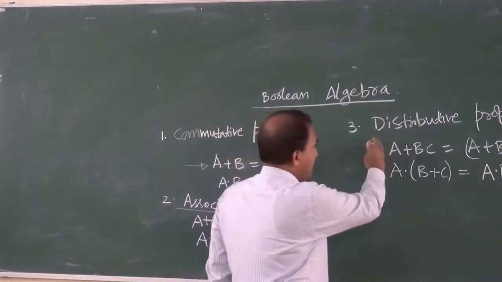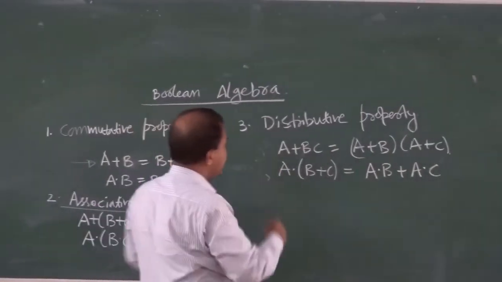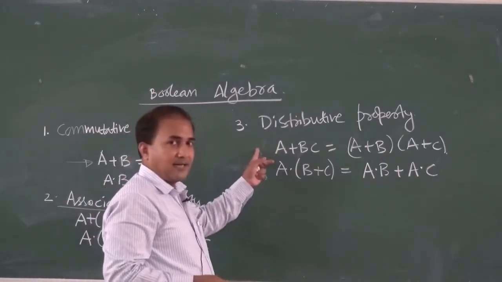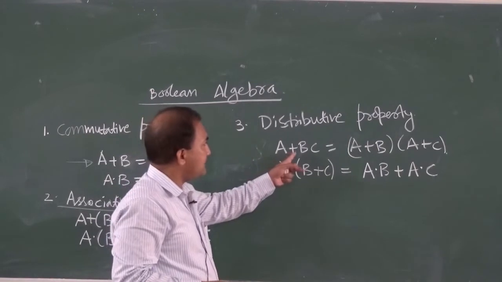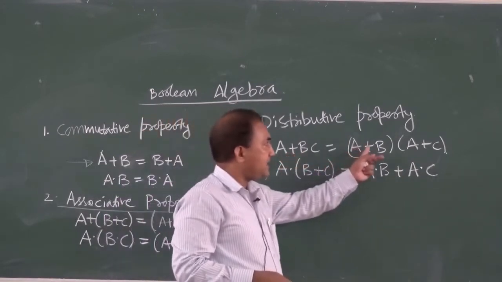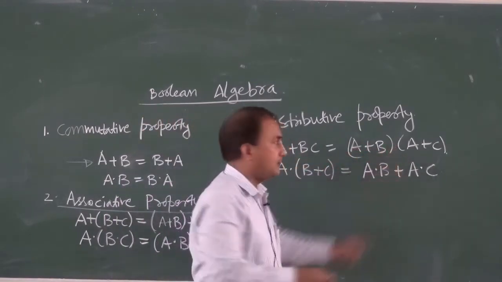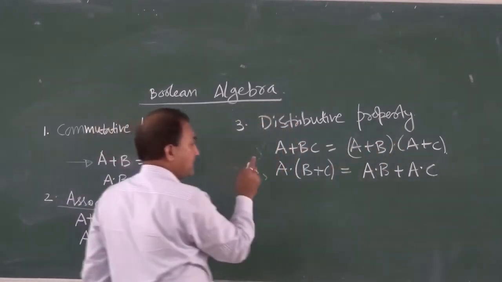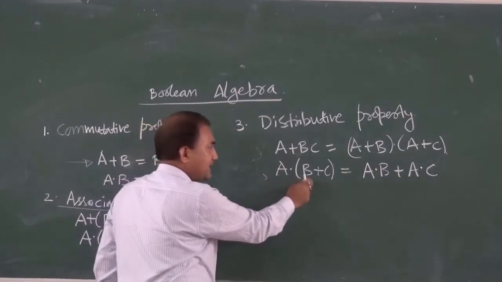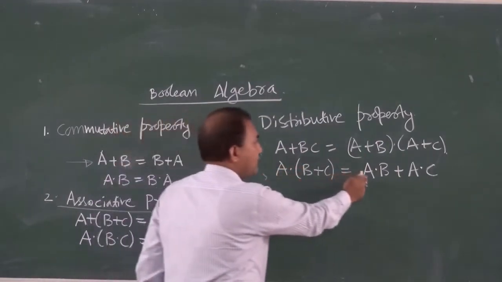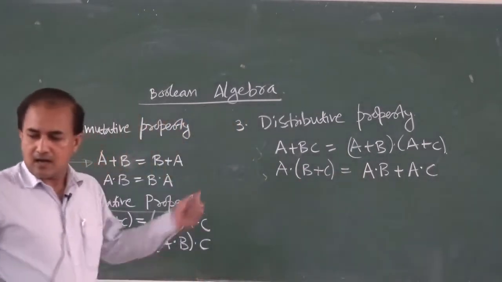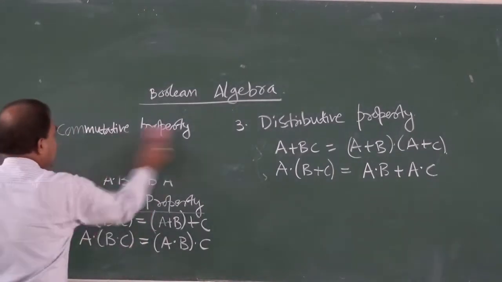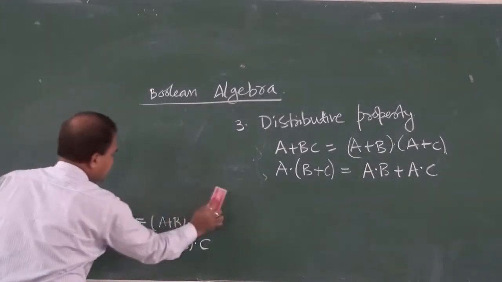But you can see, the third property is the distributive property. For Boolean addition, A plus BC is equal to A plus B dot A plus C. Similarly, for Boolean multiplication, A dot B plus C is equal to A dot B plus A dot C. How can you say that this is correct?